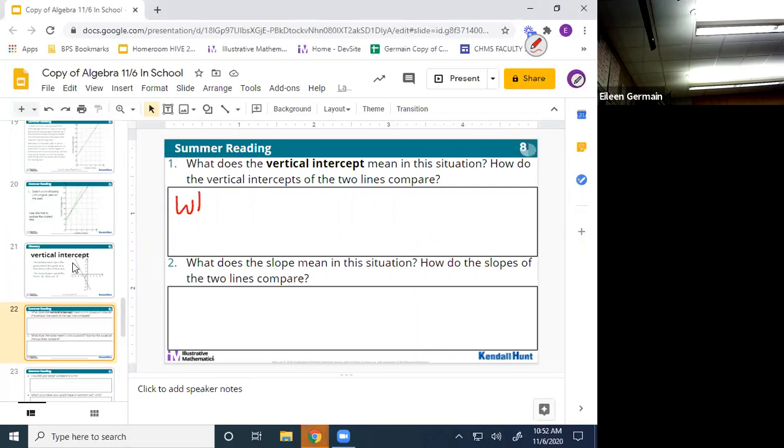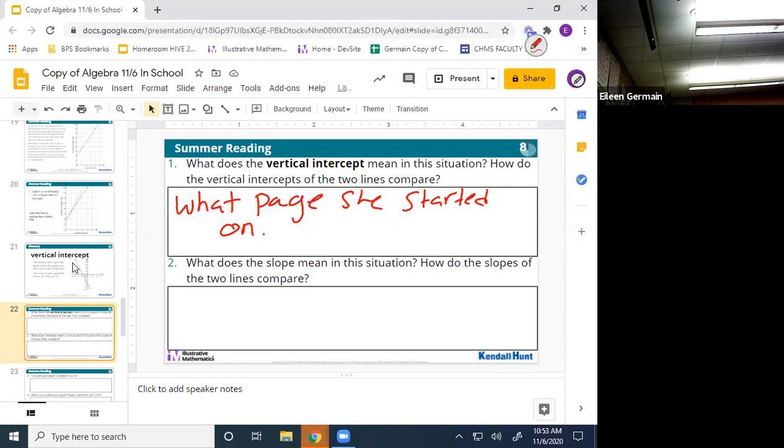Very good. So what page number did she start on? You could also say, if you're getting a gym membership, the y-intercept would be how much the down payment is to join the gym.